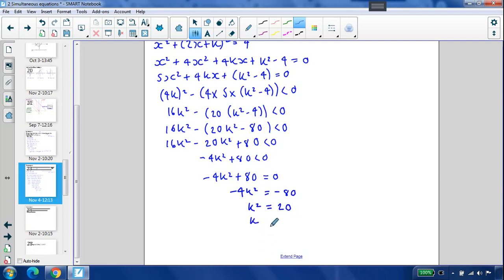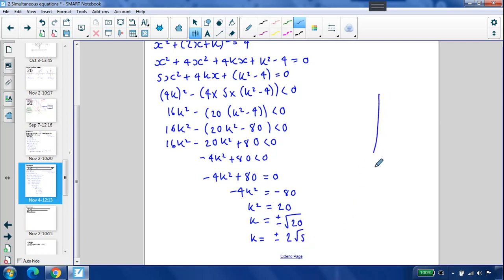Now I've got a squared, so I'm going to square root both sides, and because I'm square rooting, I'm going to have a positive and negative value. Now you can work with this, or you can simplify root 20 to 2 root 5.